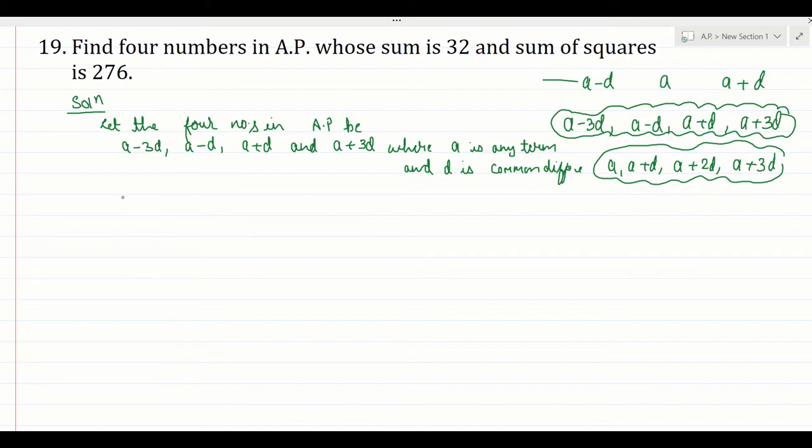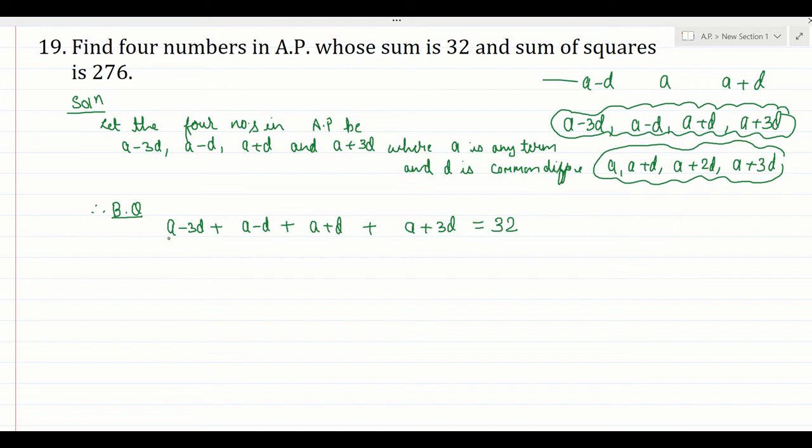Okay. So after this, my question has said whose sum is 32. It means a minus 3d plus a minus d plus a plus d plus a plus 3d is equal to 32.